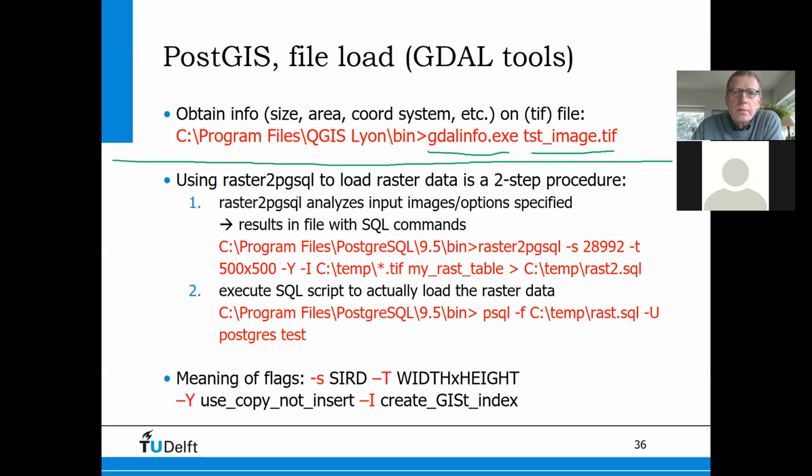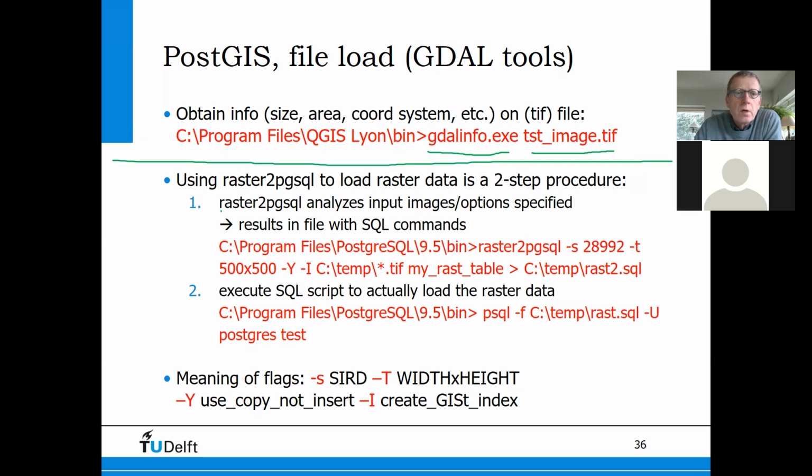Okay, once I have understood the content of the file and say, yeah, this is what I want, there is actually a two-step procedure to load the raster data into PostGIS.